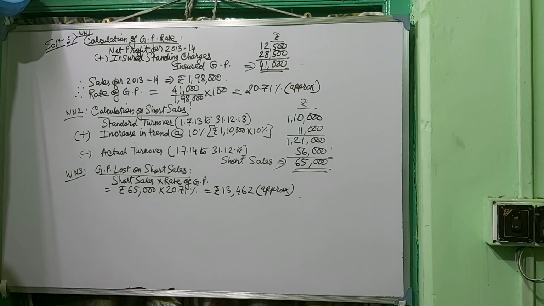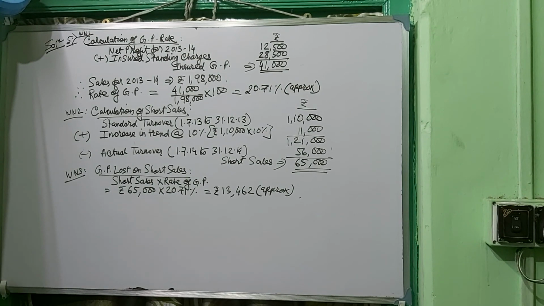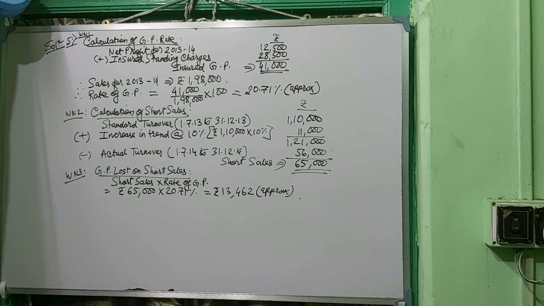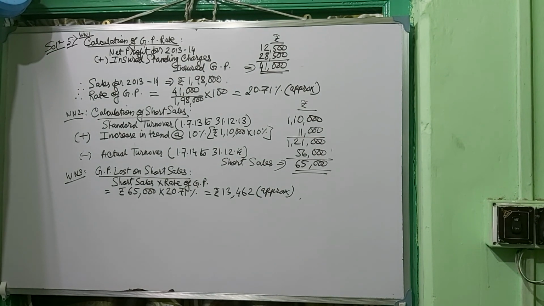See, in this sum no admissible additional expenses have been provided, so we can easily bypass step number 4, which I explained in my previous lecture where I discussed the steps. Also, gross claim can be calculated as GP lost on short sales plus admissible expenses minus savings, if there is the option.